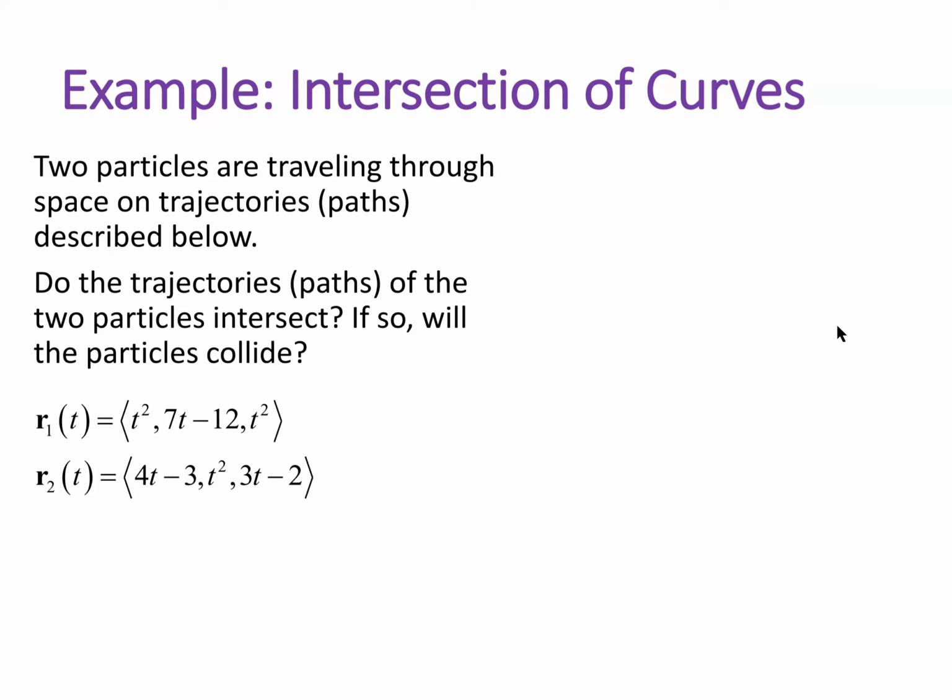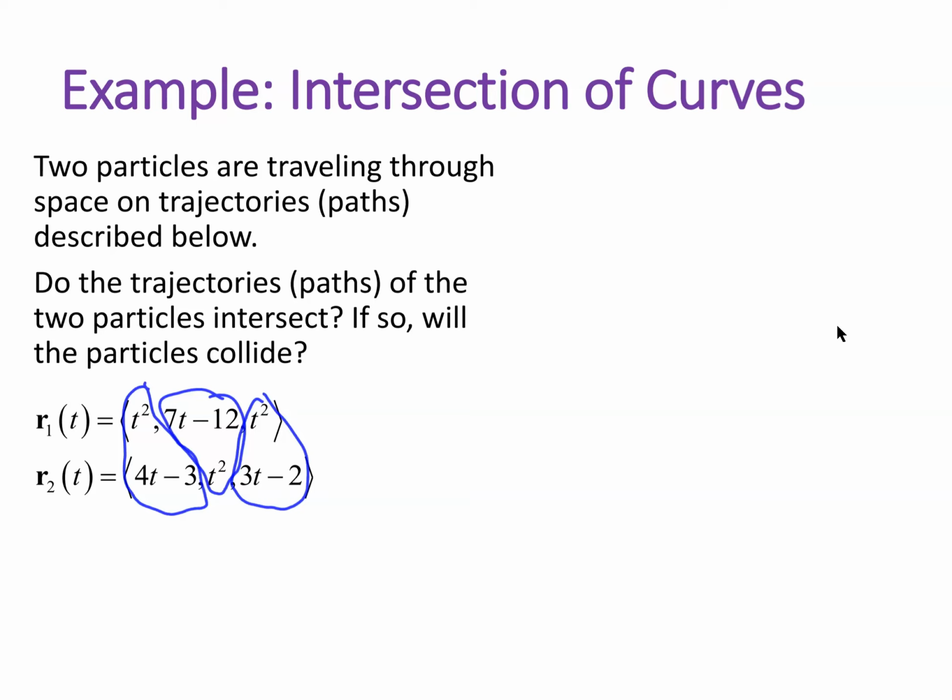What that means is if we look at the x coordinates, the y coordinates, and the z coordinates of these vector valued functions, for the particles to collide, the x coordinates have to be the same at the same time. The y coordinates have to be the same at the same time.